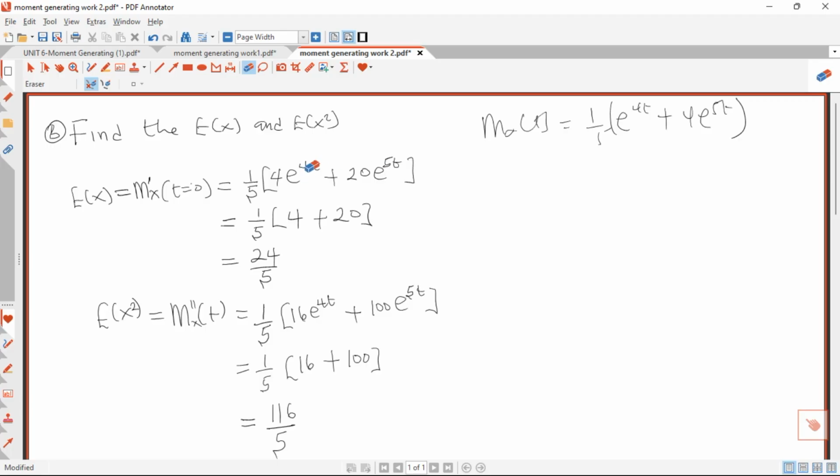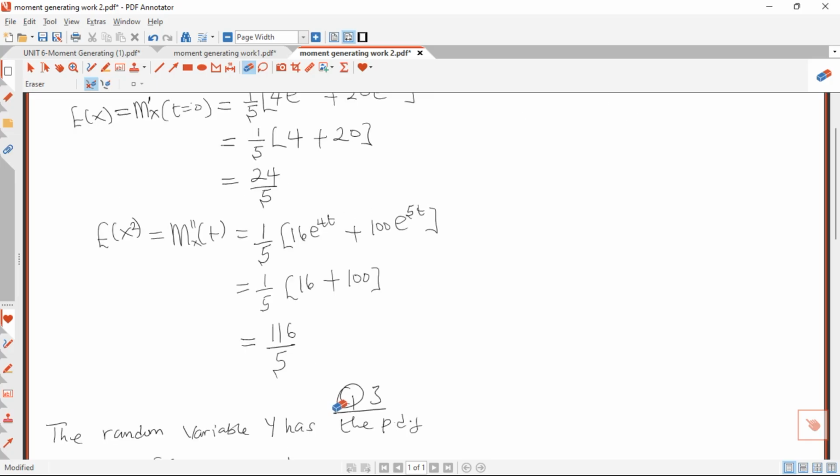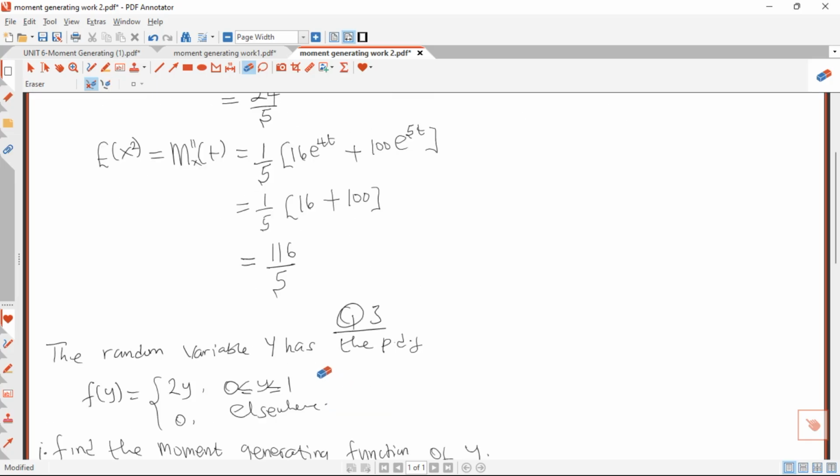So we are still going to differentiate this; we are not going to start over again. If you differentiate this, you are going to get 4 multiplied by 4, which is 16 e raised to the power 4t, plus this one, where 5 comes out when you differentiate, and we get 100 times e raised to the power 5t, right? And putting t equal to 0, we are going to get 116 divided by 5, right? So that is that.